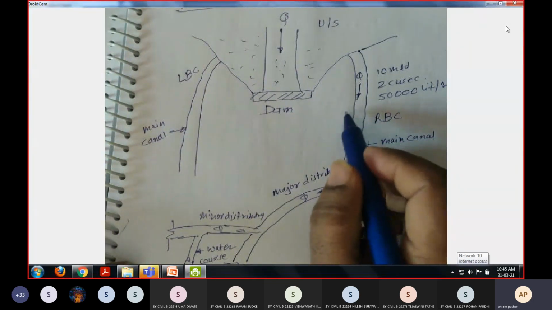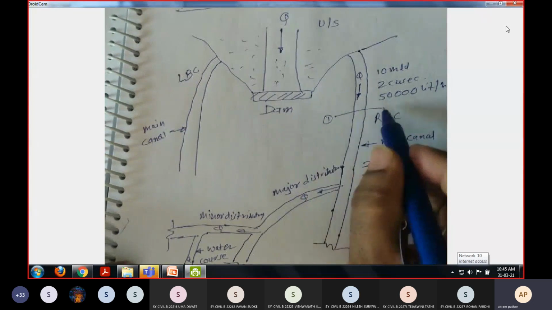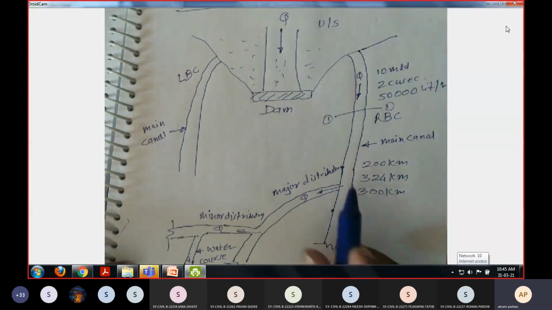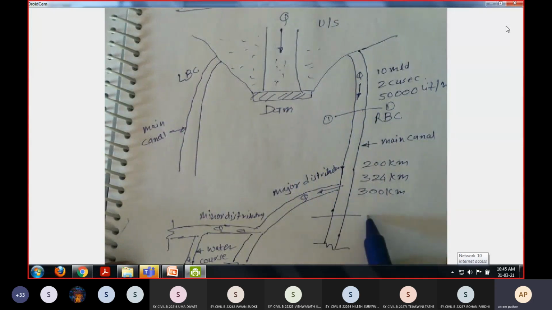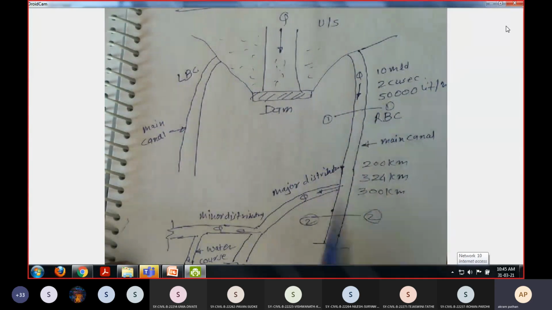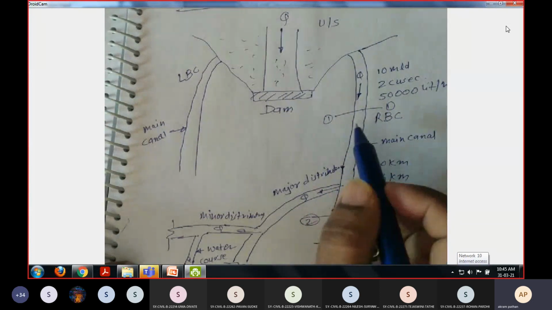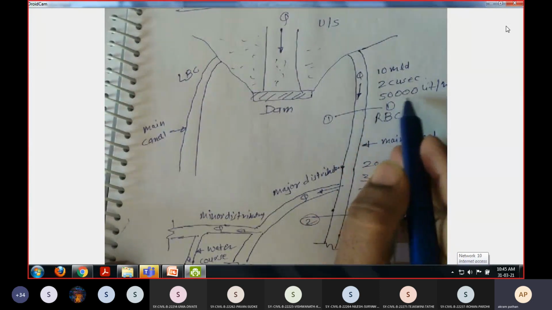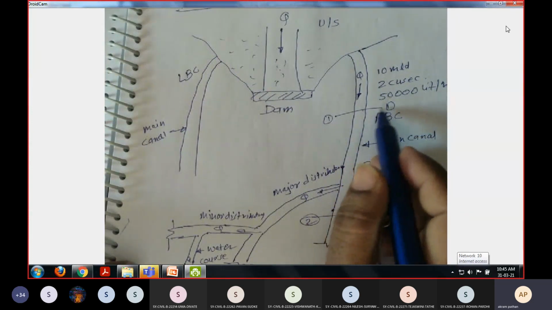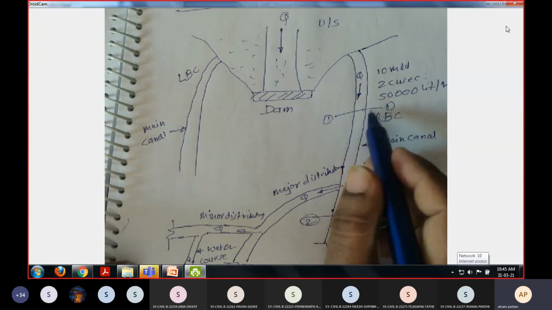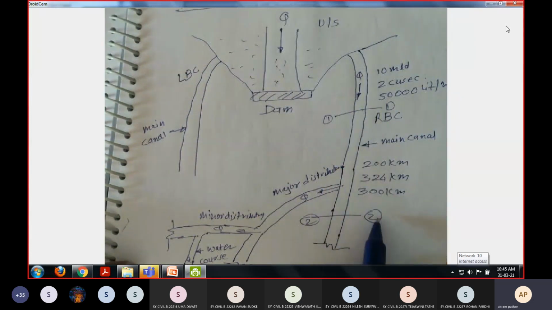For example, this first section we have taken from the dam up to 10 kilometers. Then we take another section, and the distance between these two sections is 10 kilometers, and then further. So we have to check whether the release discharge is coming at this section.